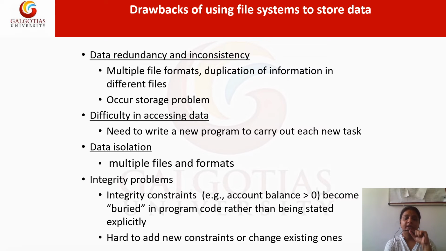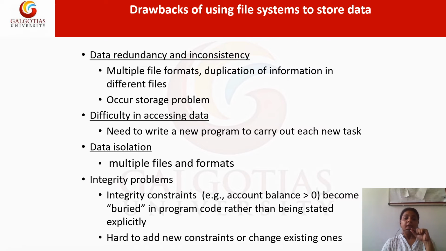So if in the future anybody wants to know about your address, one of the files will give the information about the old address, and other files may give you the updated address. So the same person's data is inconsistent because it is different at different places.